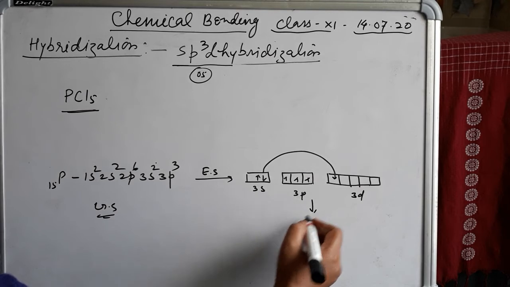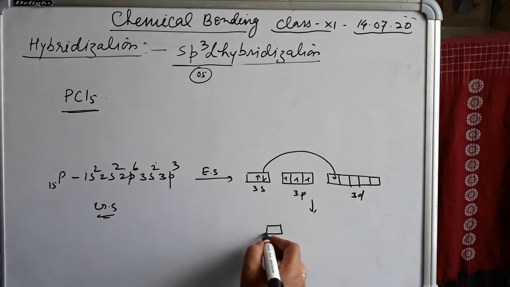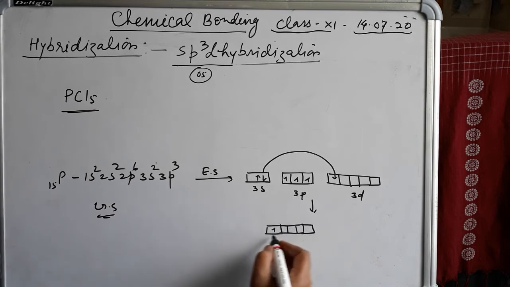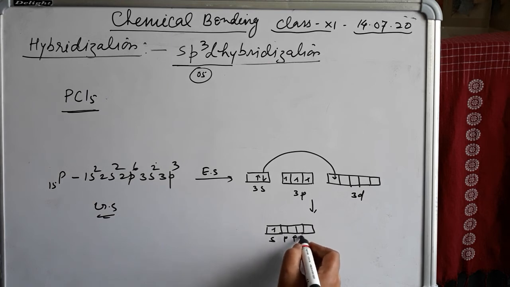So it becomes 3s, 3p and 1d: s, p, p, p and 1d, that is 1, 2, 3, 4 and 5.